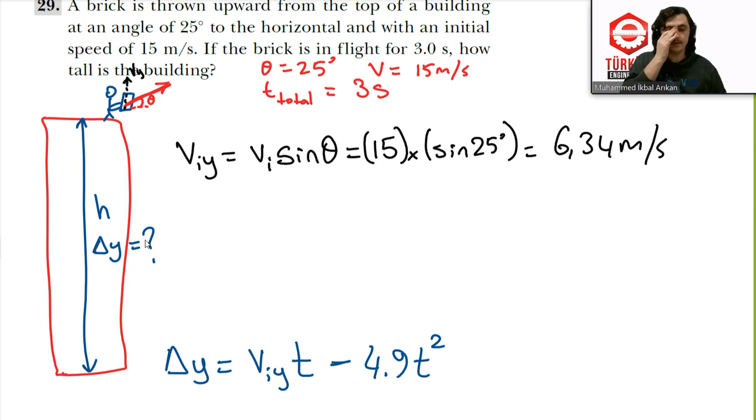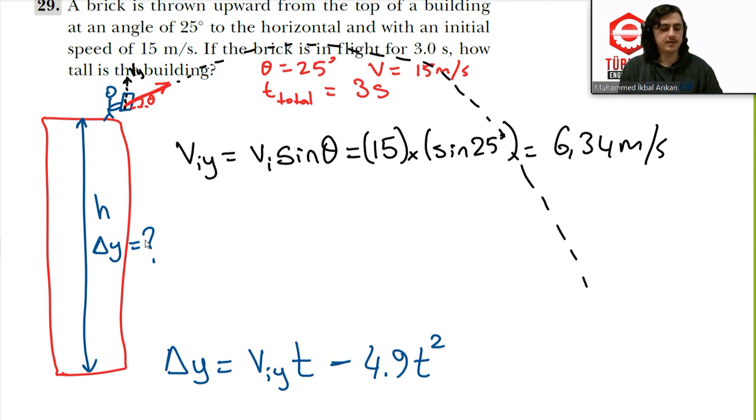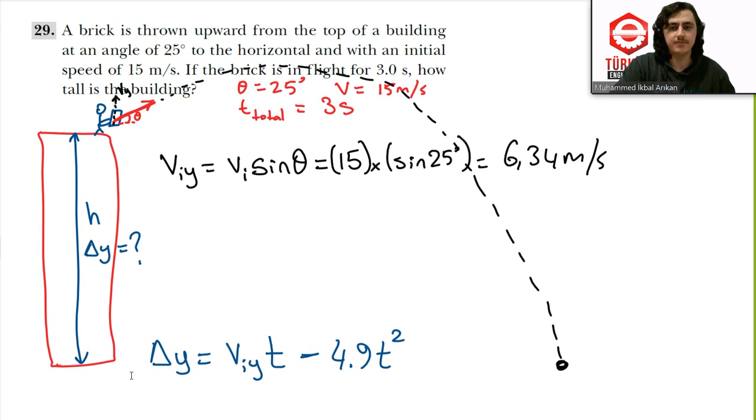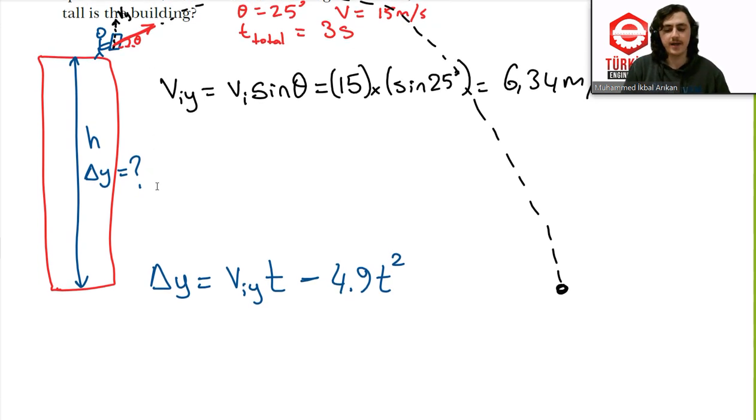It's asking how tall the building is. The brick will go up, then go down like this until it hits here, right? So I have a range for this problem, delta x max, and I have delta y. From this point until I get here, the displacement in the y-axis will give me the height of the building.